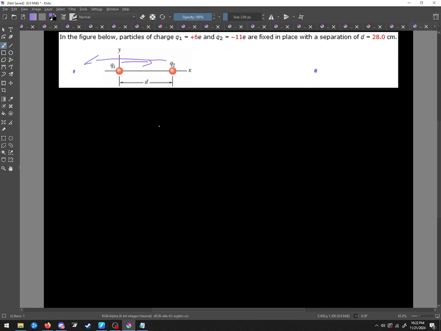Take a look here. This is chapter 24, and in chapter 24 we've got a few equations. We're looking for values of V along a straight line. Got a dipole.